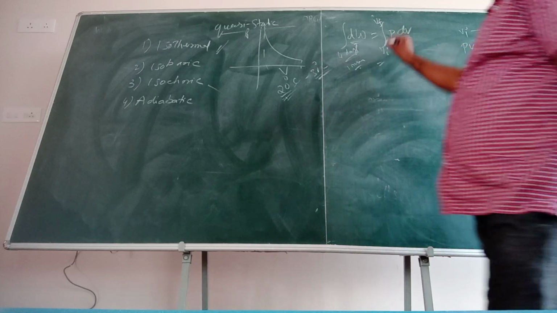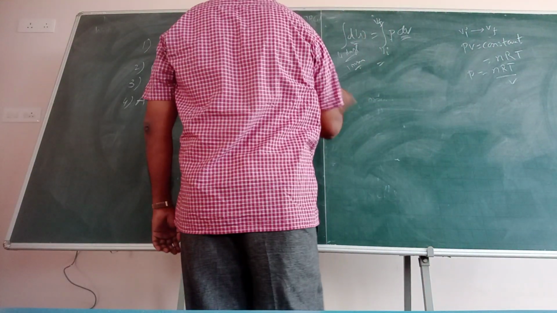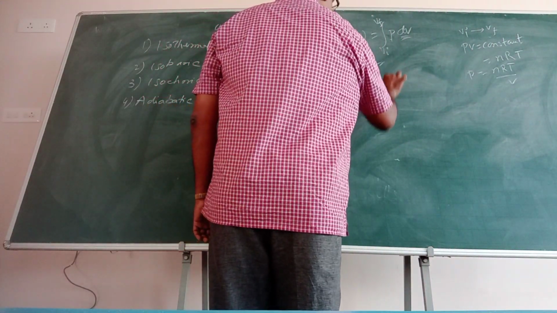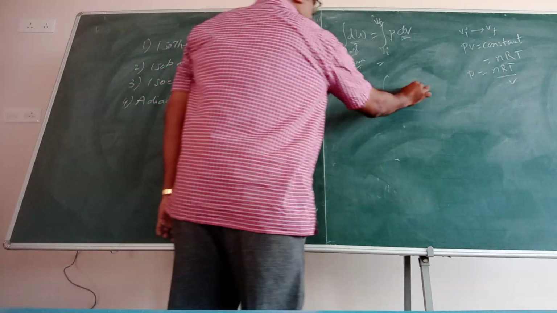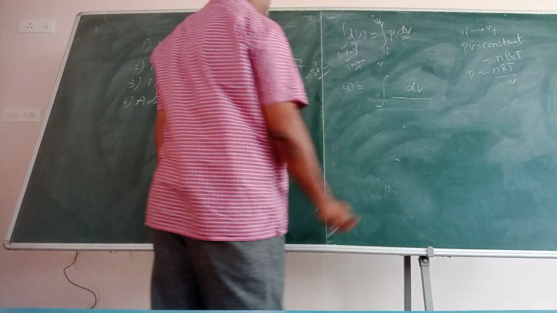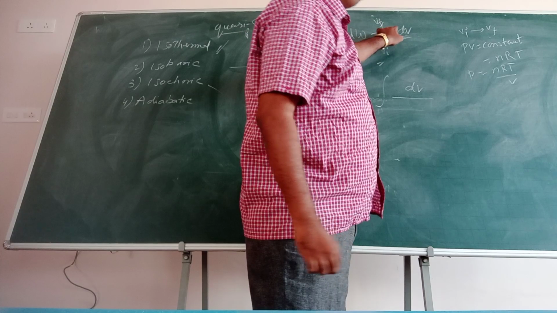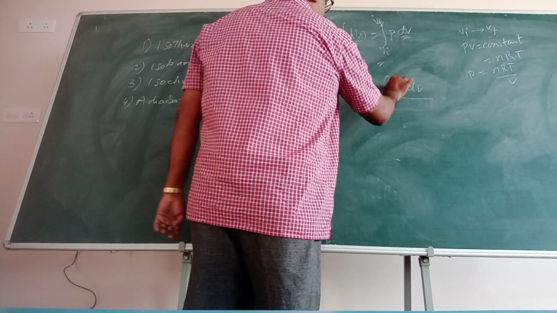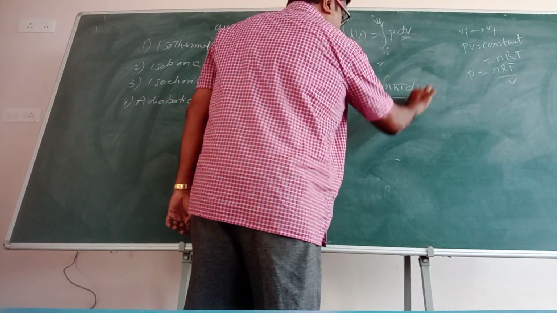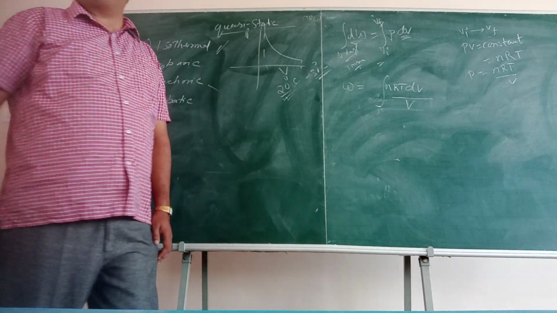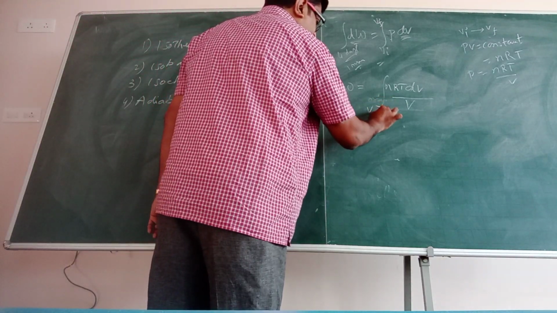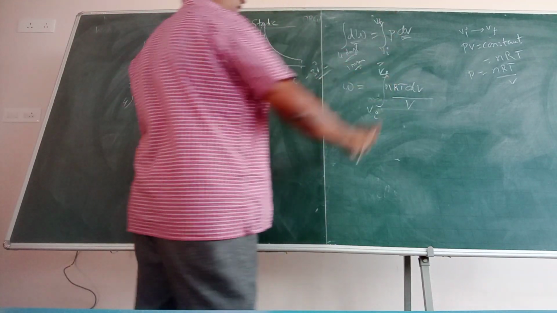So put this value here. If you integrate the whole thing, you get W is equal to integration of dV divided by, put the value of P, so here nRT divided by V, from V initial to V final. Clear now?